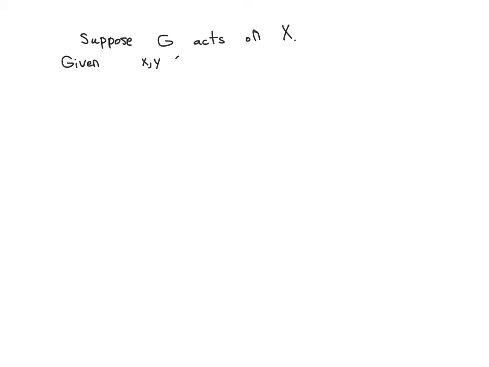Given x and y in X, we're going to say x is equivalent to y with respect to G, called G-equivalence, if and only if x equals g dot y for some element g in the group. You can check that this is an equivalence relation.